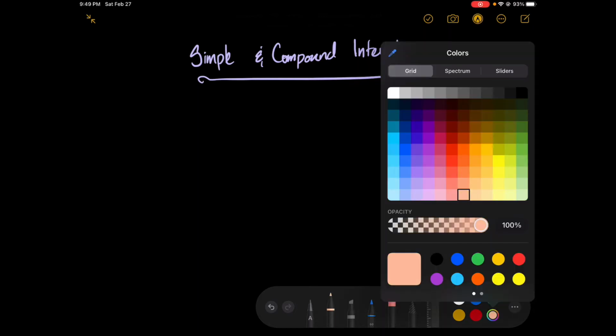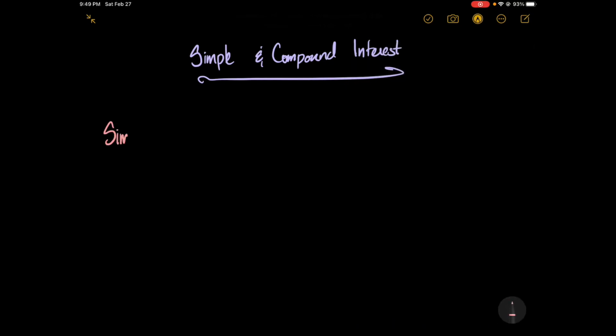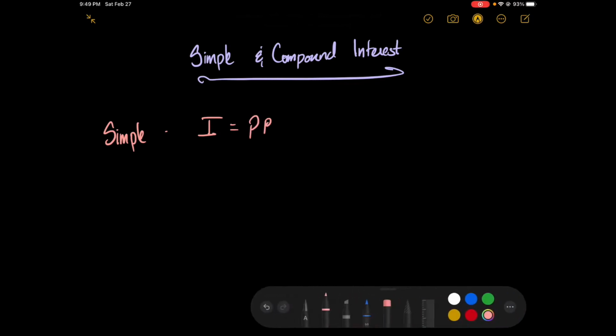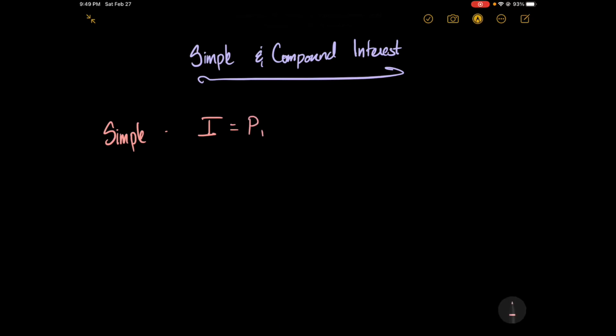Alright, let's actually start off with the formulae. So simple interest. The formula that you've probably seen is I equals P R T, where I is the interest, P is going to be the principal amount, R is going to be the rate, the interest rate for 1 year, or the time period that you're working with.